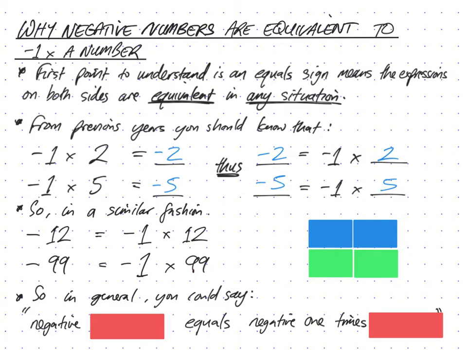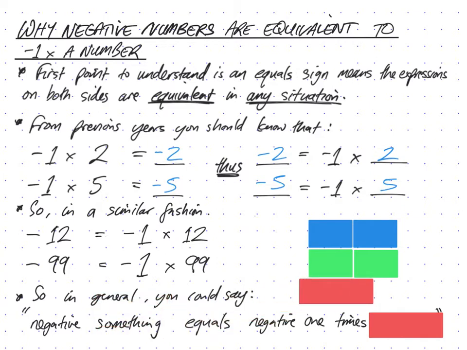So in the general situation, not thinking about any particular numbers, in general you could say negative any box, this red one here, equals -1 times that red box. So we're going to think of the red box as being something, right?